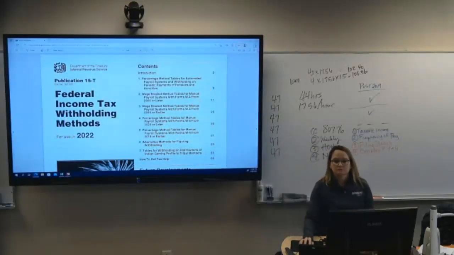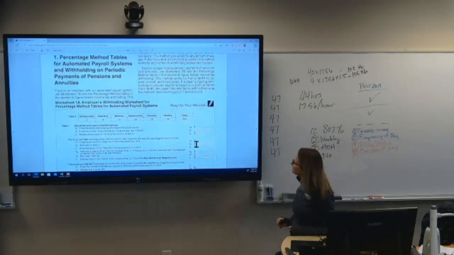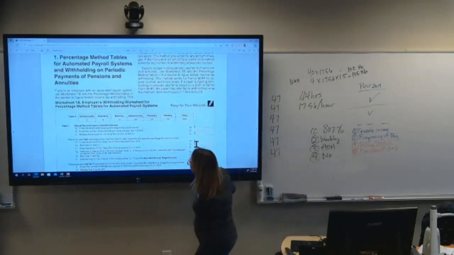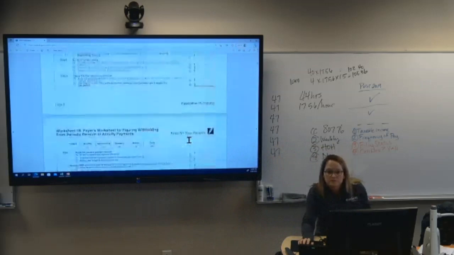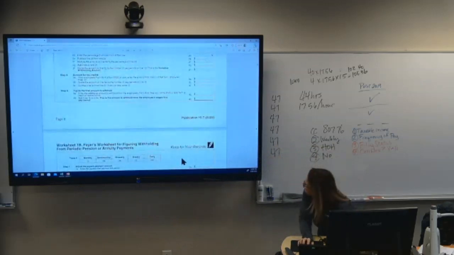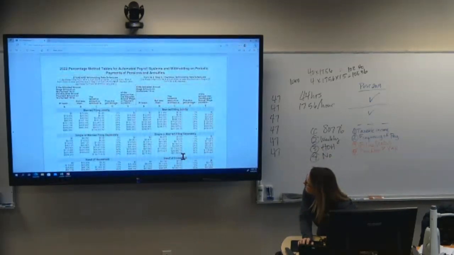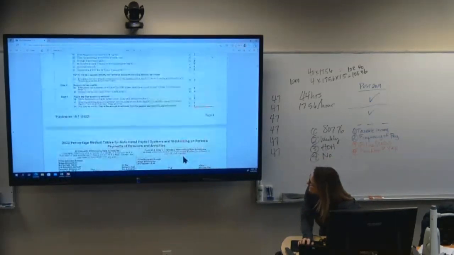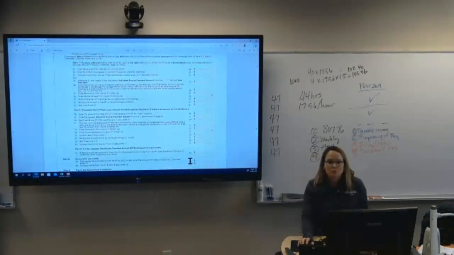In fact, we can use this. Let's take a look at it real quick. It always starts out with this pay period. Oh, that's for pensions. You can see, okay, when you've got an annual amount, you use an annual amount.